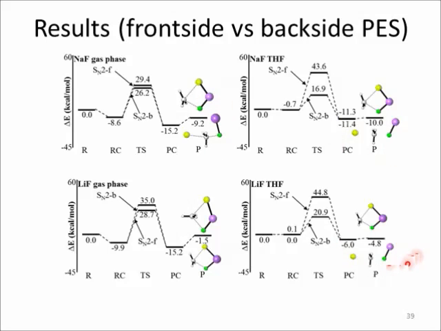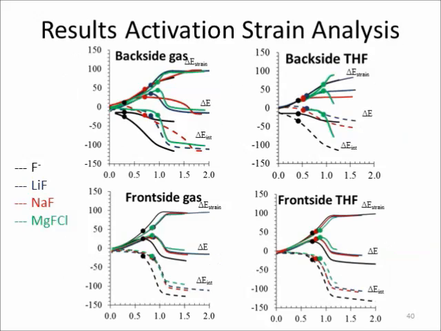And also, why is it that the barrier is lower for NaF and LiF in THF than in the gas phase for the backside attack? Activation strain analysis helps to shed light on these results.